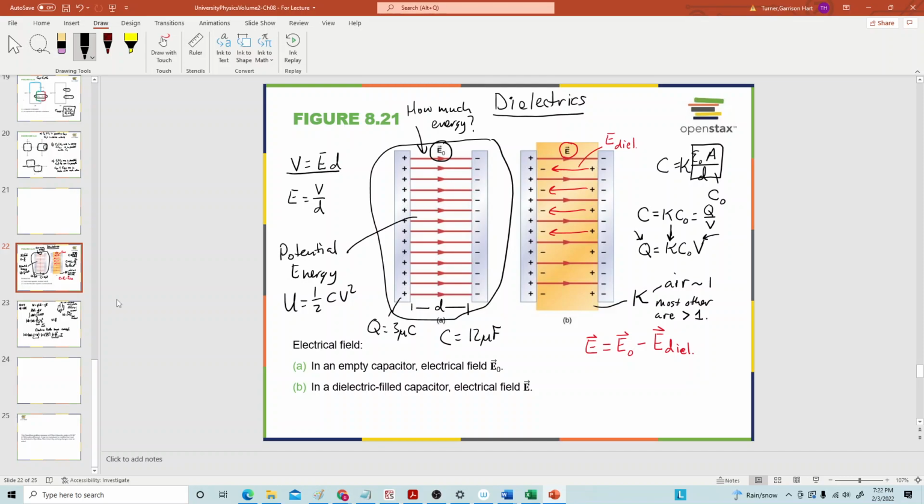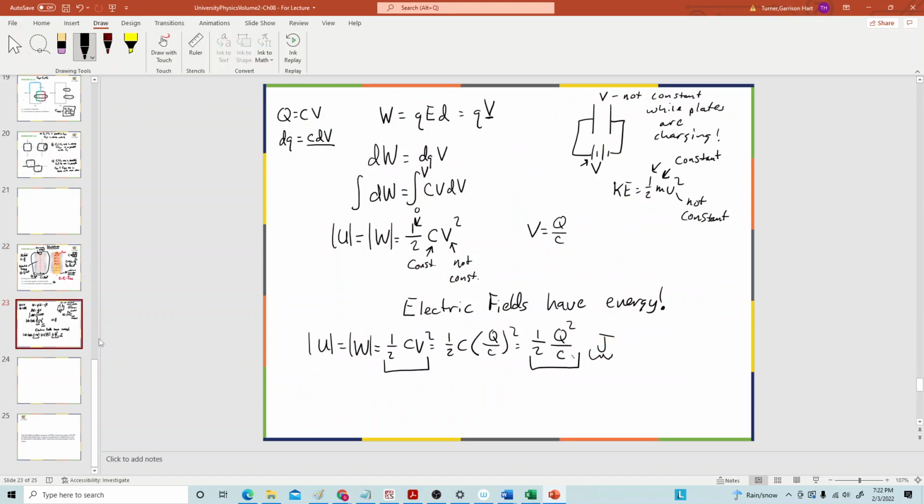Okay. So, what would be the energy in this system? Well, given that we have Q and C, then I would want to use this form.